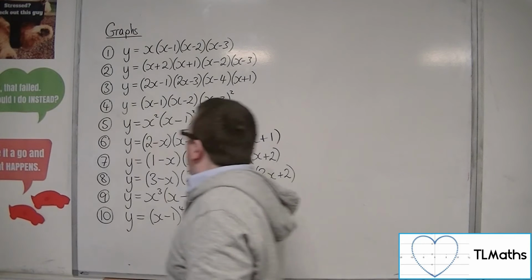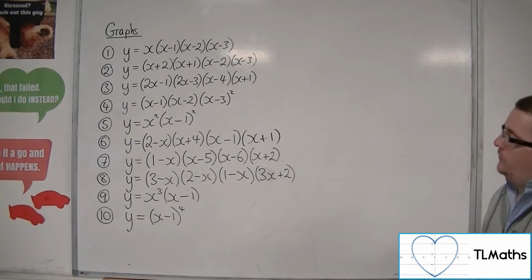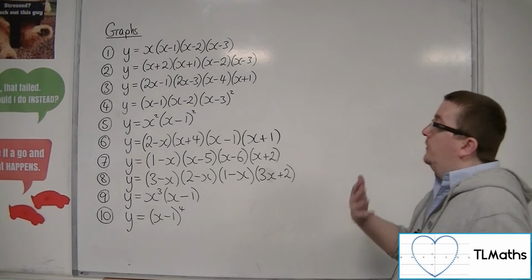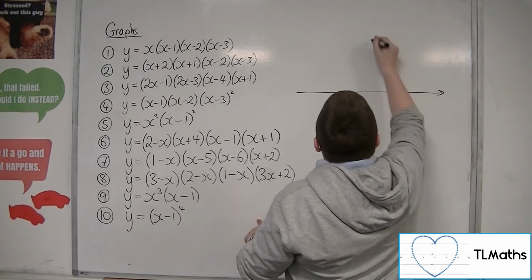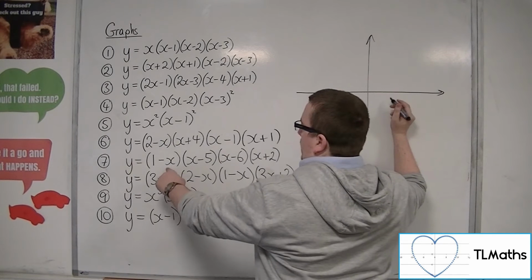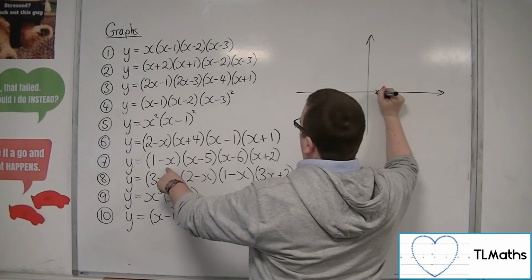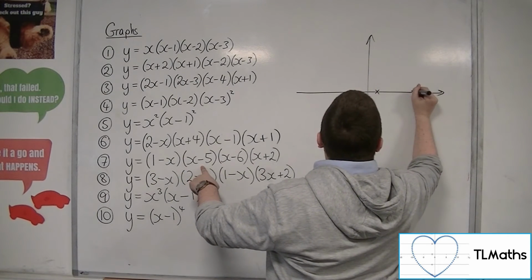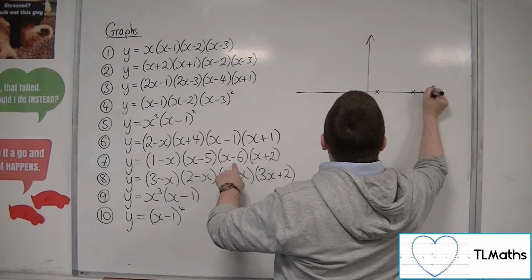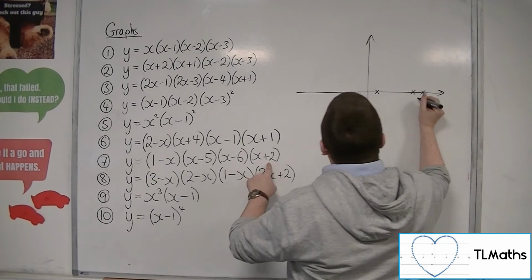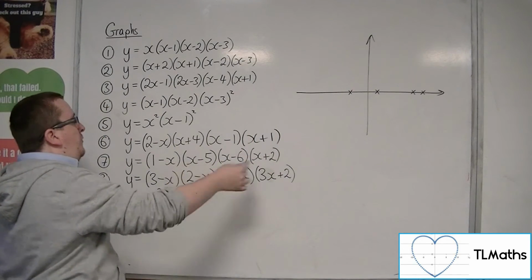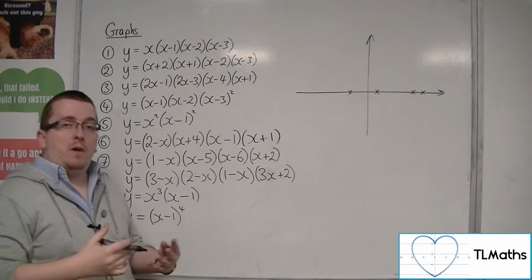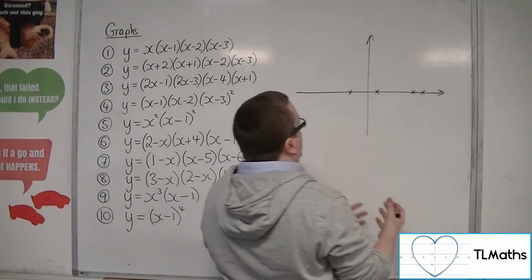Number 7, we've got y is equal to 1 minus x times x minus 5 times x minus 6 times x plus 2. So we have a curve crossing at 1, 5, 6, and minus 2. So something like that. And if I expanded these brackets out, I'd get a minus x to the 4, sorry.